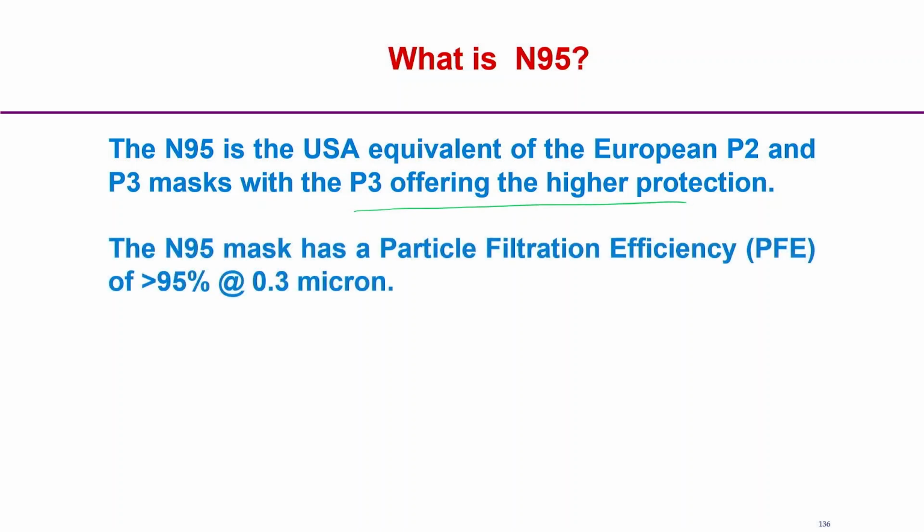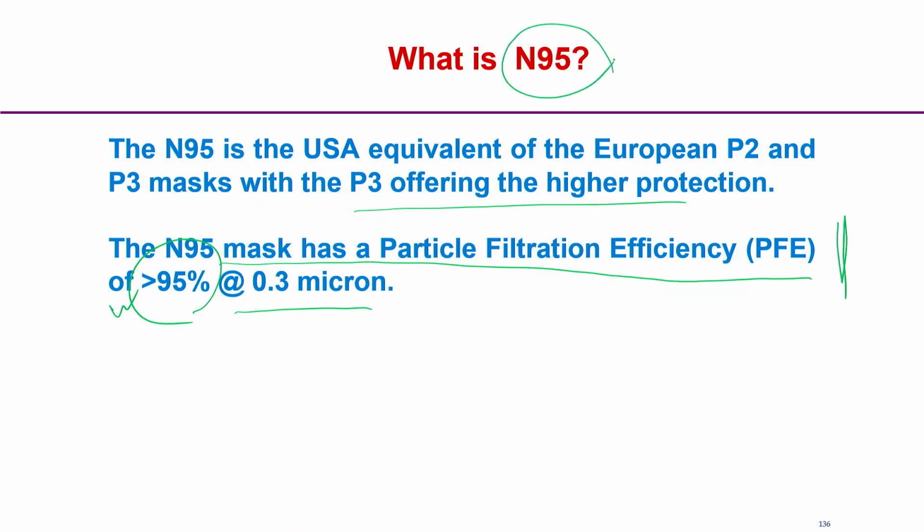N95 is a mask with particle filtration efficiency of more than 95% for a particle size of 0.3 micron. That is the definition of N95. If the filtration efficiency is more than 95 percent, then we call it N95, whereas for N99 the filtration efficiency will be much more.